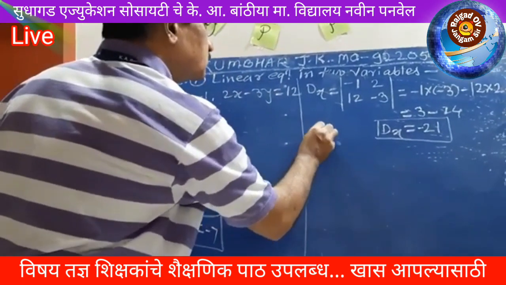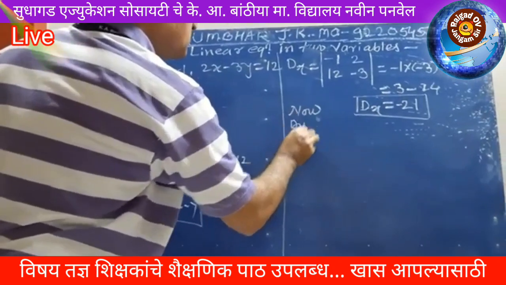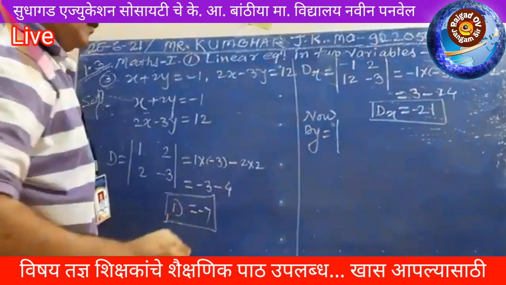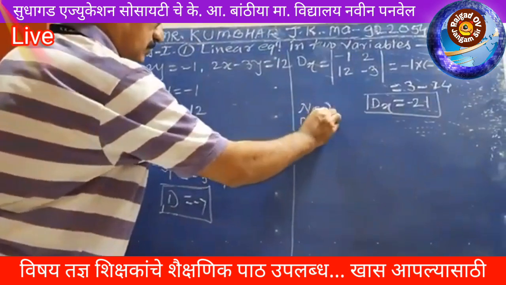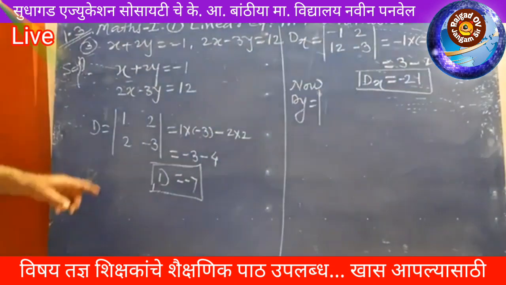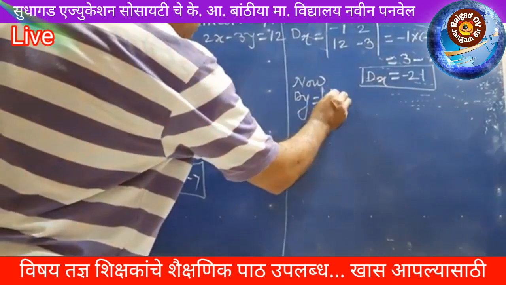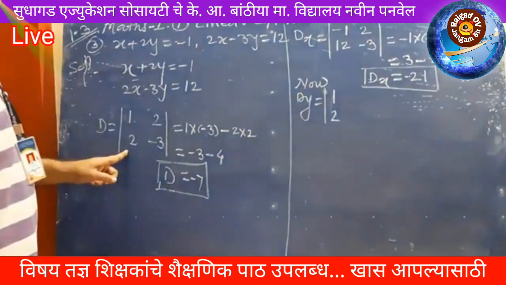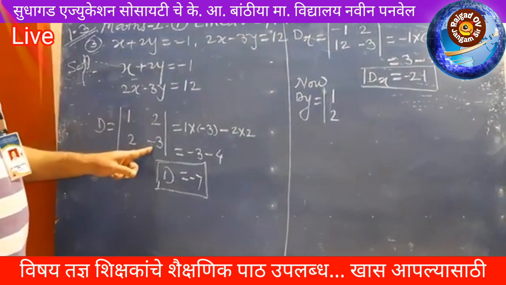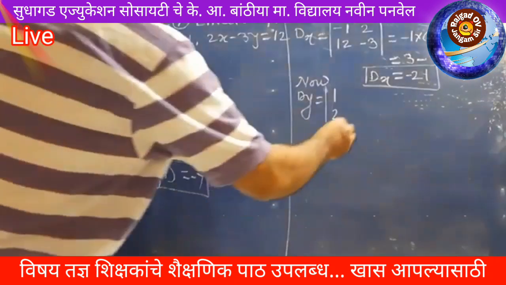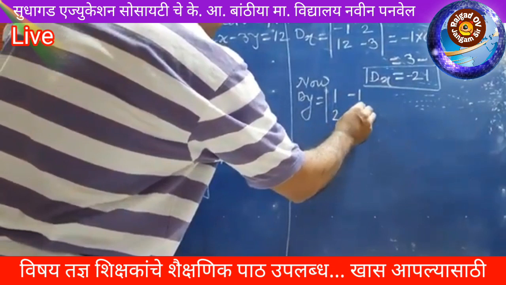Now dy. For dy, the first two coefficients, 1 and 2, come back, and B1, B2 are taken out. The constants are minus 1 and 12.